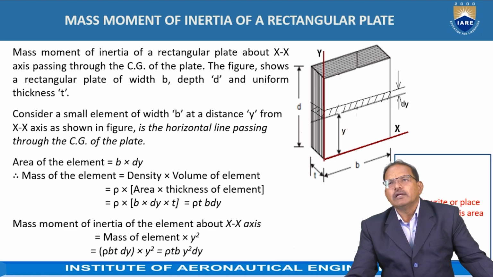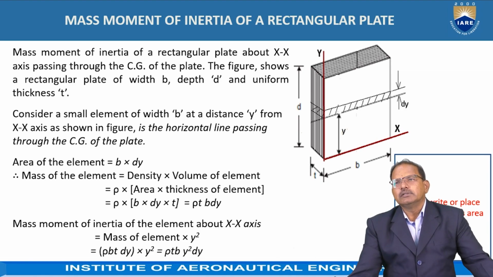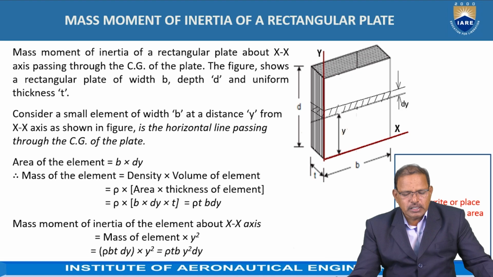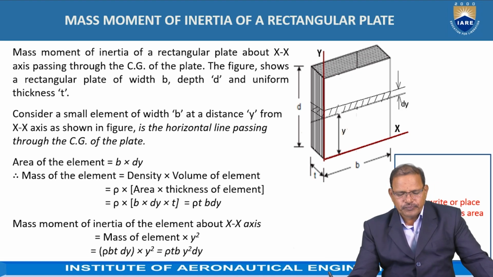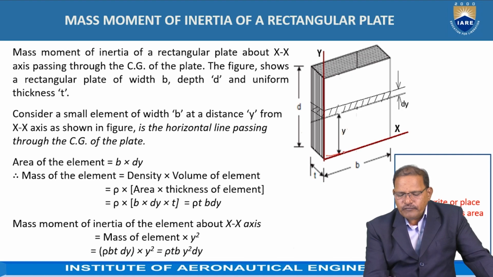Now the moment of inertia of a rectangular plate. Here let us consider a rectangular plate having breadth equal to b, depth equal to d, and uniform thickness t, and rho is representing the density of the material. Now let us consider a small strip which is at a distance of y from the reference axis.